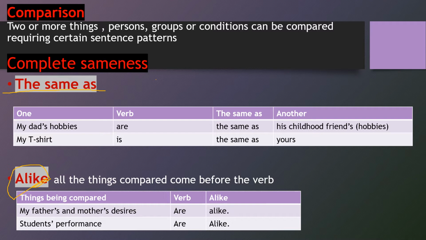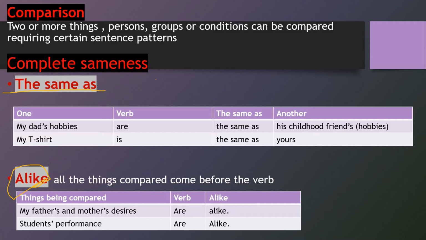For example, my childhood t-shirt is the same as my adulthood one, or my style when I was a teenager is the same as yours when you are an adult. So we have the first thing that you compare, followed by the verb, the tool, and the other thing.